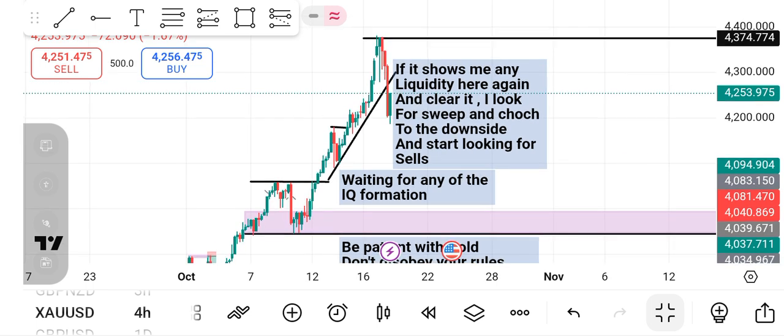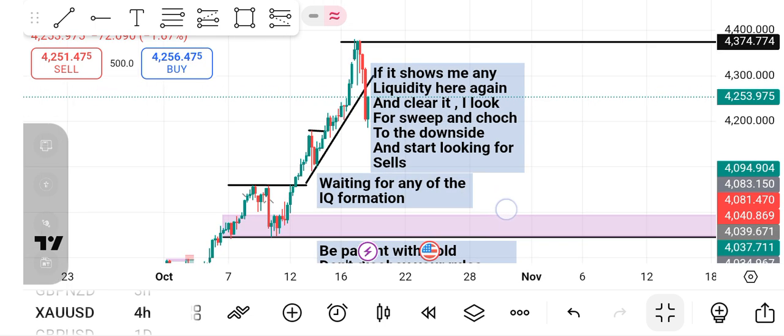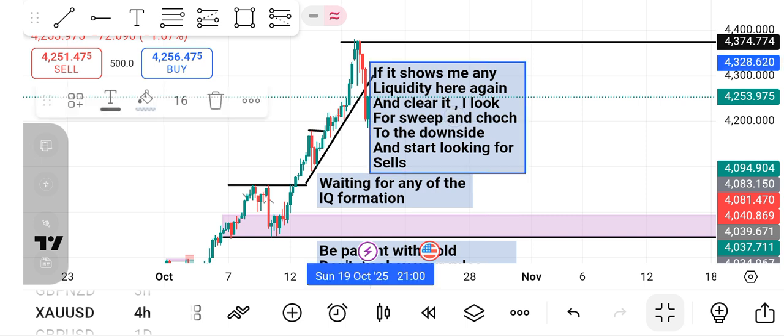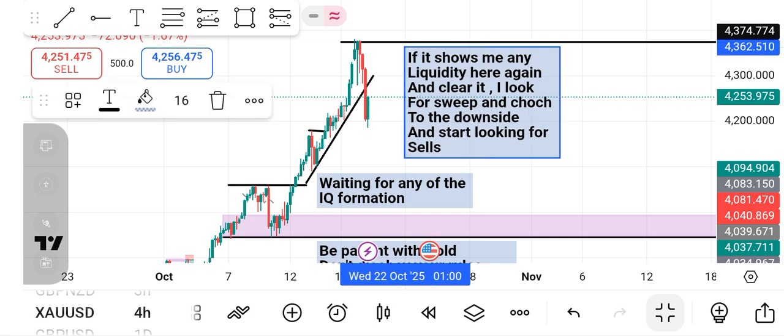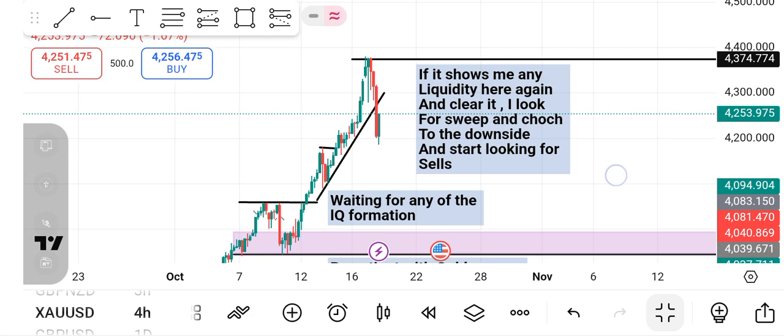Now, what am I waiting for on gold before I can decide to sell down to discount zone? Once price comes to discount zone right here, I can also start to buy. Now, what am I waiting for? I'm waiting for gold to clear out all this liquidity.